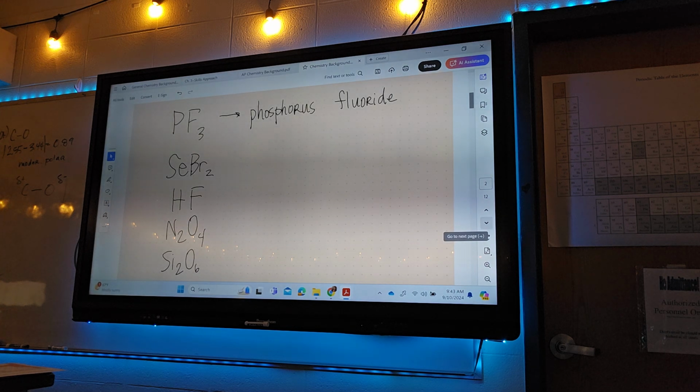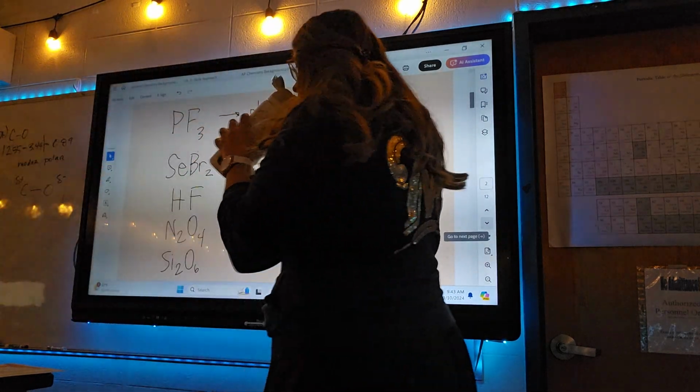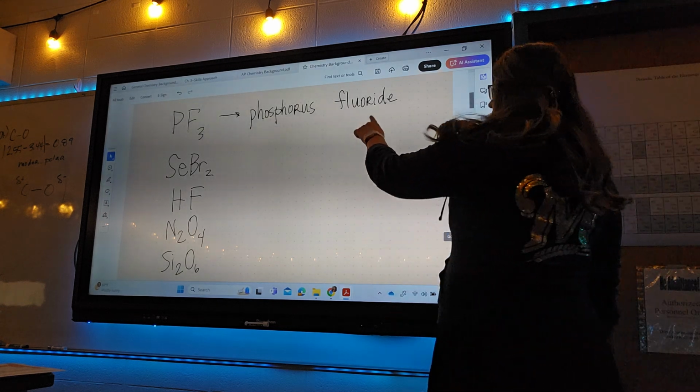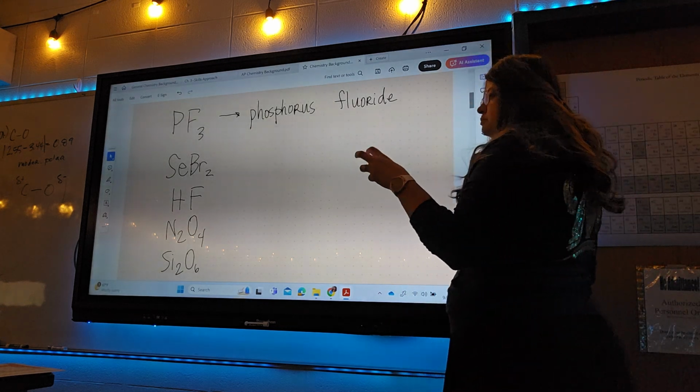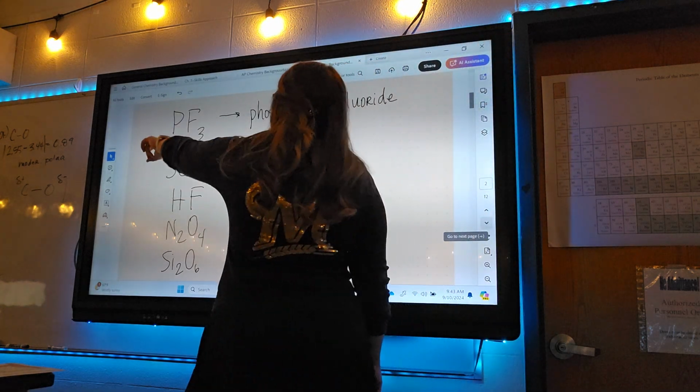Does that make sense, why I did that? Alright, so then I did step B already. Step C says to use the prefix that corresponds to the number of that element. So how many P's are there?